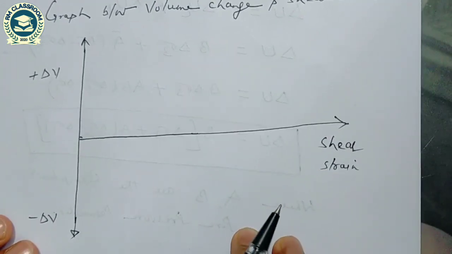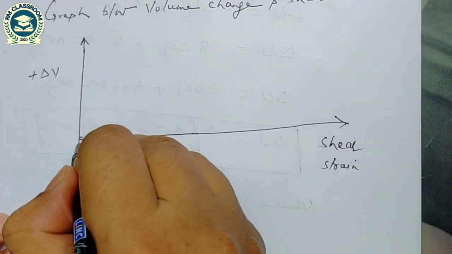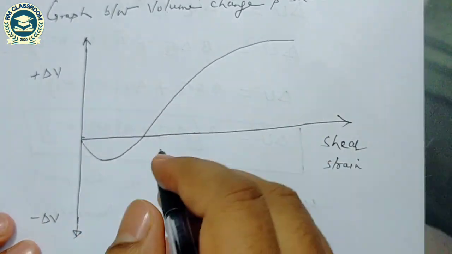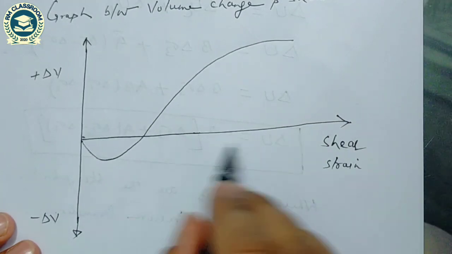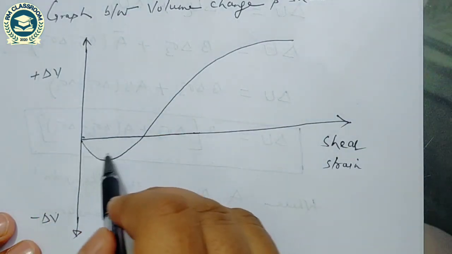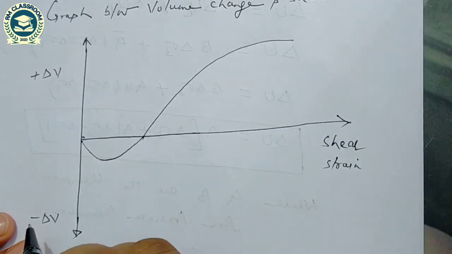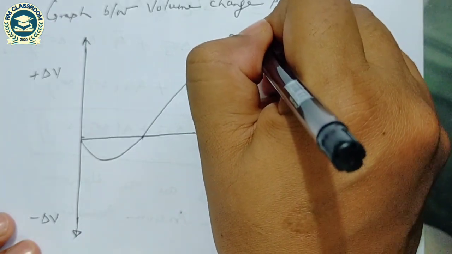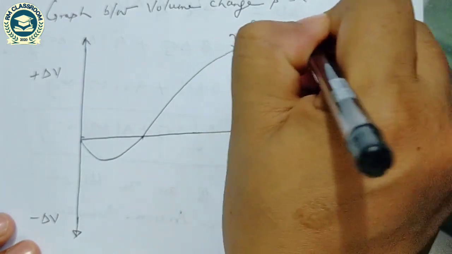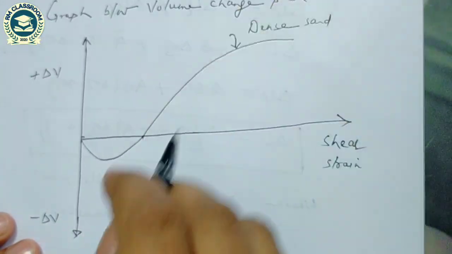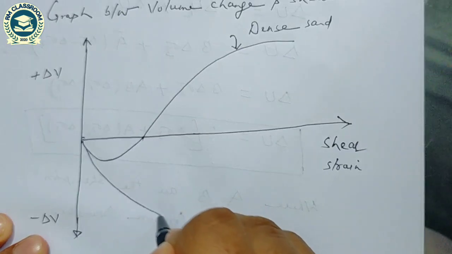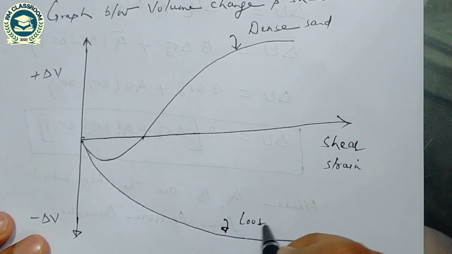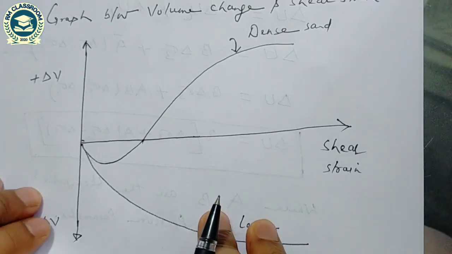For dense sand, the change in volume is decreasing up to a certain shear strain, and once again it is increasing. As the shear strain increases, the value of change in volume is negative up to a certain value of shear strain, and after that the change in volume increases. So this is for the dense sand. For the loose sand, the value constantly decreases. Change in volume is coming negative for the loose sand.